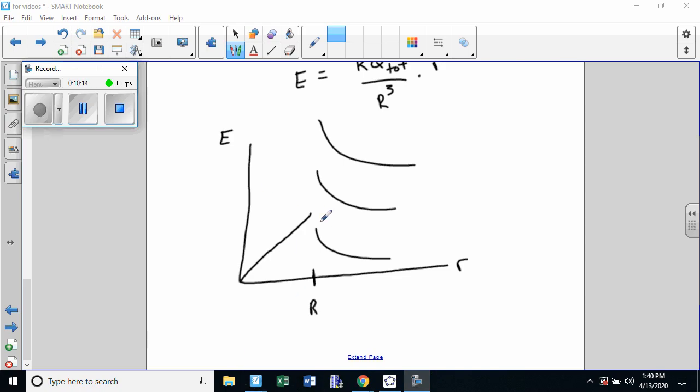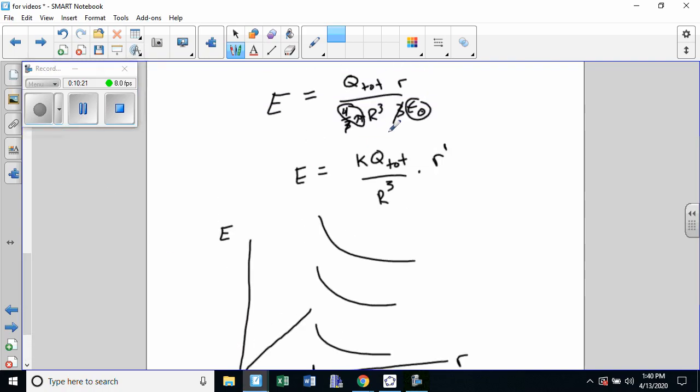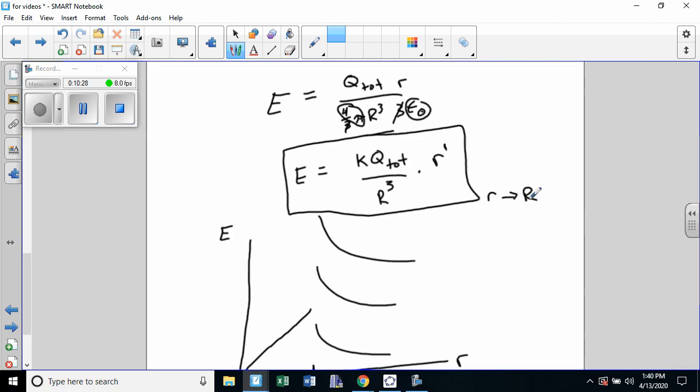So what I'm going to do to figure out where that 1 over r squared curve needs to go, or how high it needs to be placed, is look at this as r approaches big R. If I plug in big R here for r, then at r equal R, the electric field is K Q total over R squared.